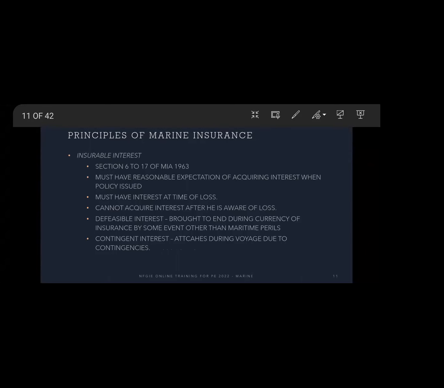Unlike in fire insurance, where the insurable interest should be there at the time of taking the policy, throughout the currency of the policy, and at the time of loss, in marine cargo insurance, that is not there. However, at the time of taking the policy, the insured should have a reasonable expectation of acquiring that interest.